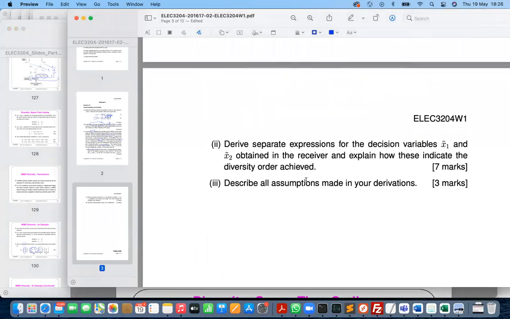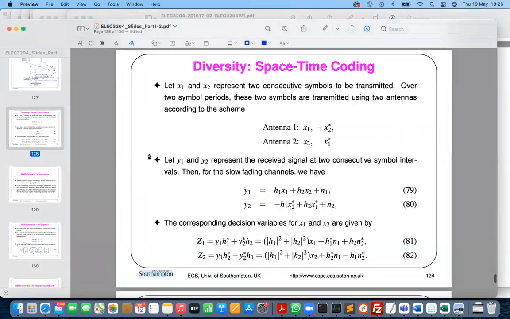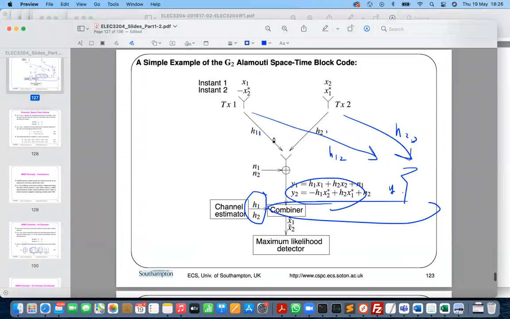The second part is you need to derive decision variables in the receiver and indicate what the diversity order is. So basically, now you have the fading channel to the first receive antenna, and the fading channel for the second receive antenna.